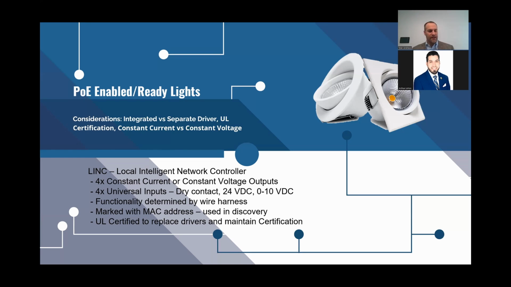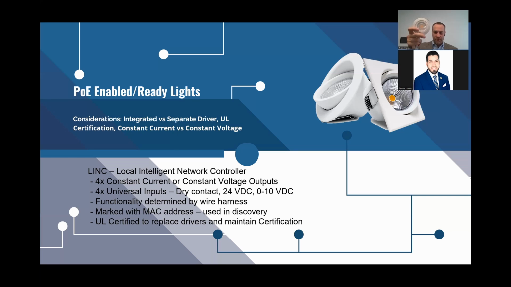You do need to find out some information from the manufacturer. That's really important: whether the light fixture is constant current or constant voltage. You'll hear us talk about that a lot, constant current versus constant voltage. Constant current is your most common commercial white LED fixture.